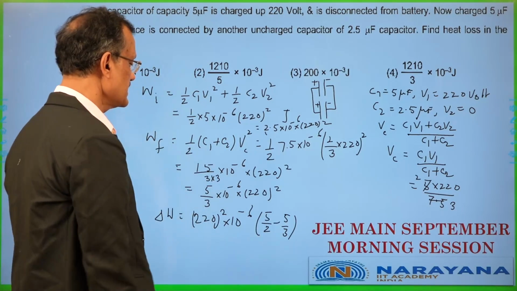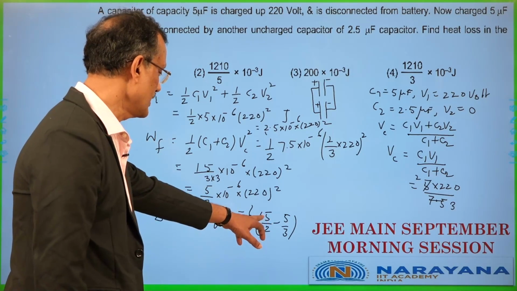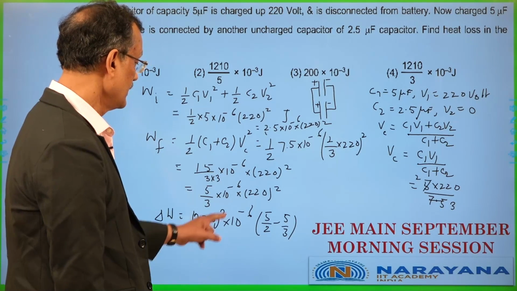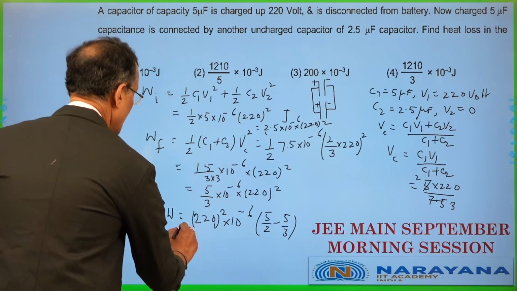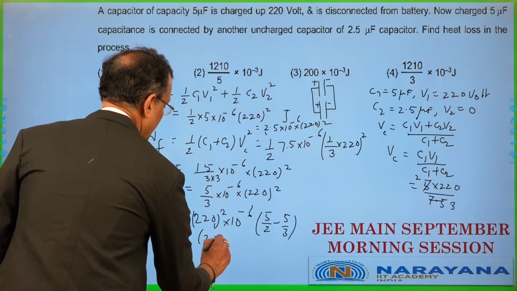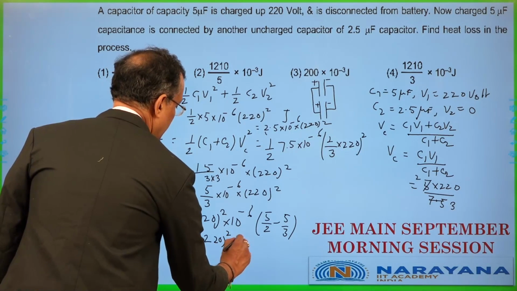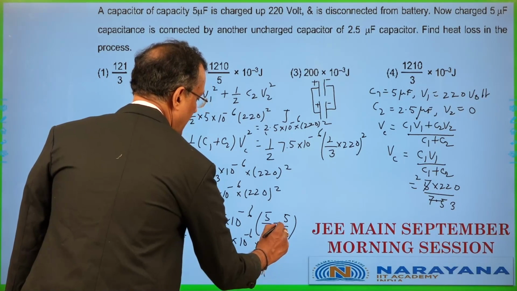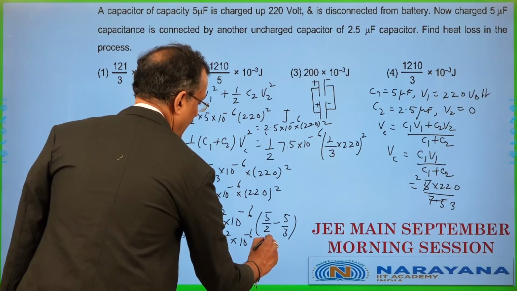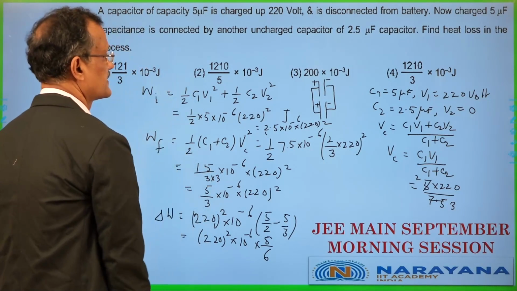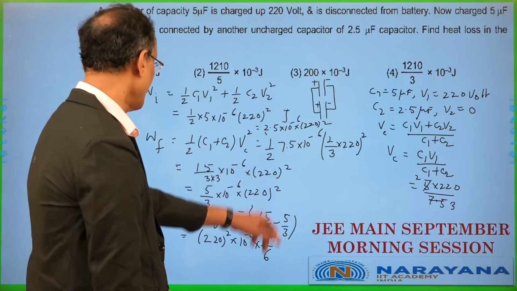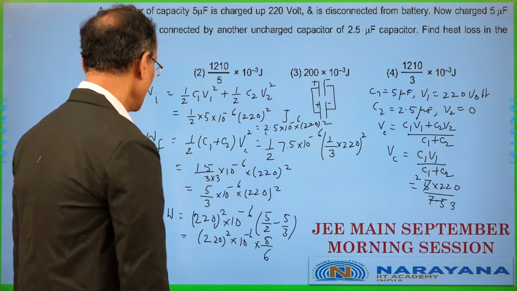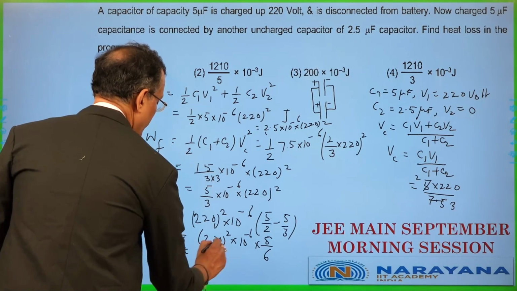It is 15 minus 10, so you have 5 by 6. So you will have 220 squared times 10 to the power minus 6 into 5 by 6. When we calculate, 10 to the power minus 3 is there, so 2 gone, you will be getting 2484.